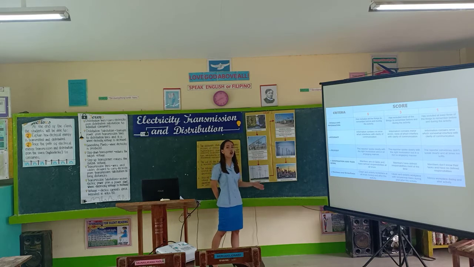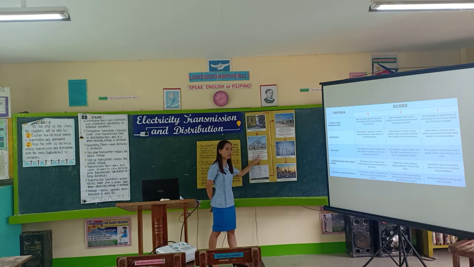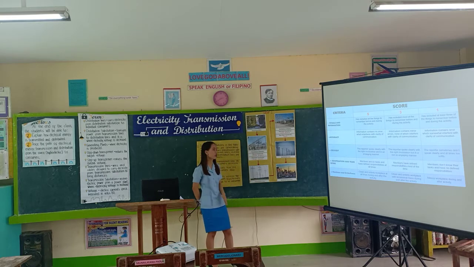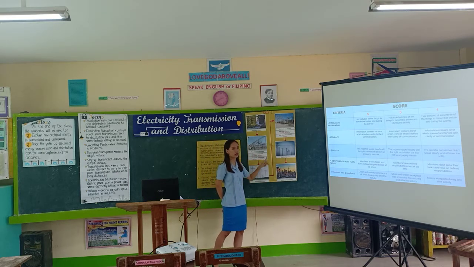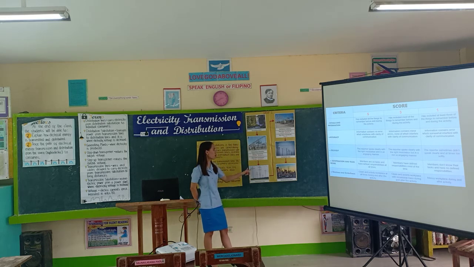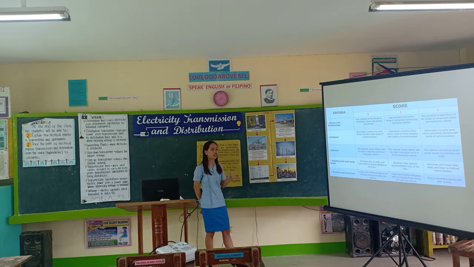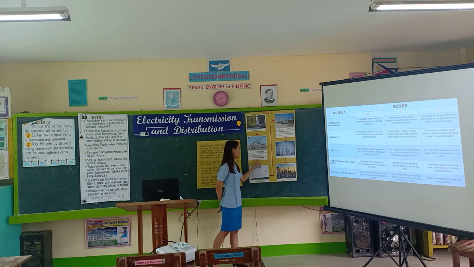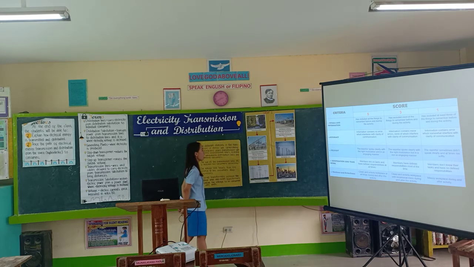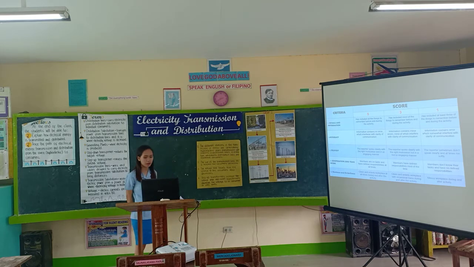And within the operating area, this voltage is being reduced by the step-down transformer in the range of 34,500 to 138,000 volts. So what's after the transmission substation?